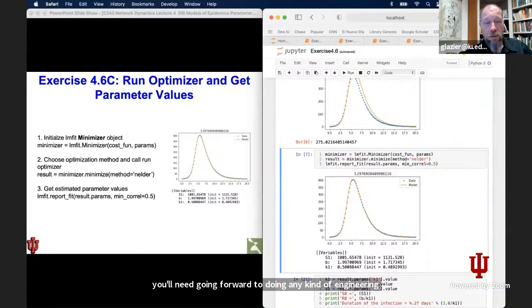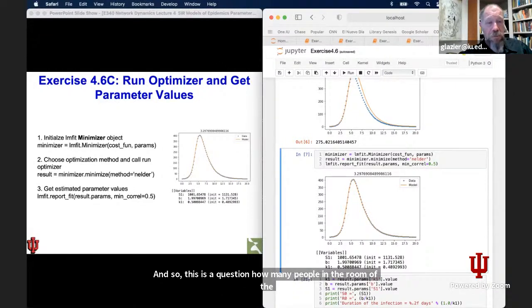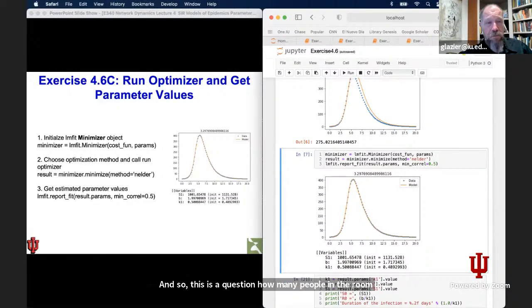And so, just as a question, of the 5 people in the room who are with us, how many people have actually done optimization in other classes? Maybe we just do a quick poll on that. Ryan's done it. Who else? Benjamin's done it too. So some people have, some have not.